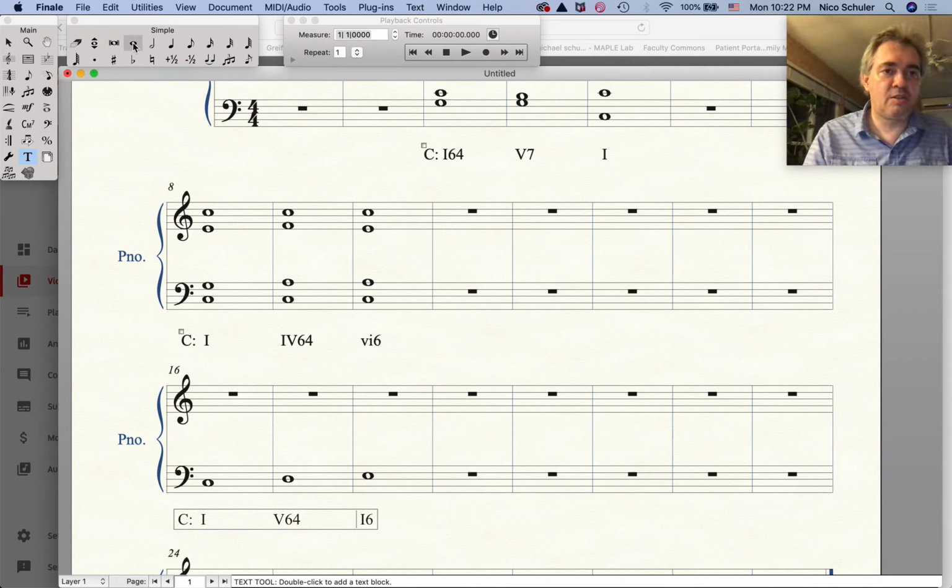And so let's part write this out. So we can have our C major triad. Let's double the root. Then this is a G chord in second inversion, G, B, D.